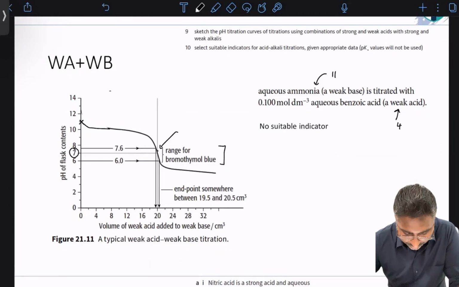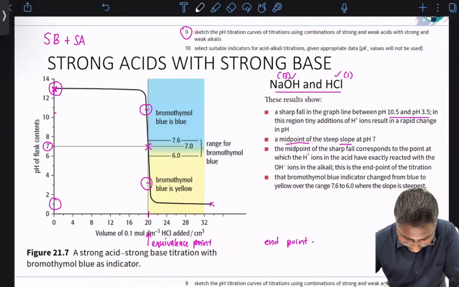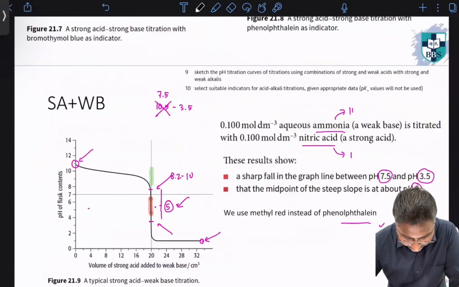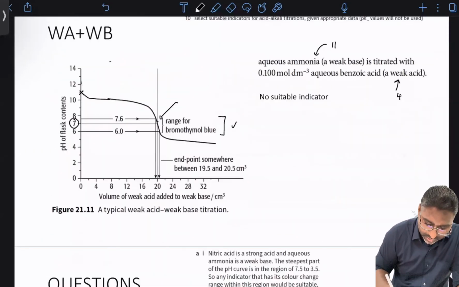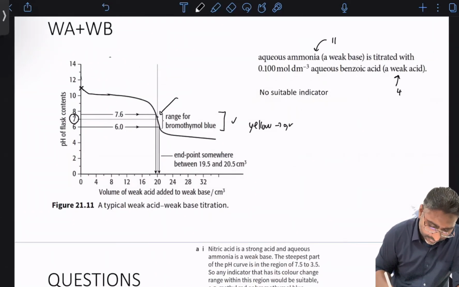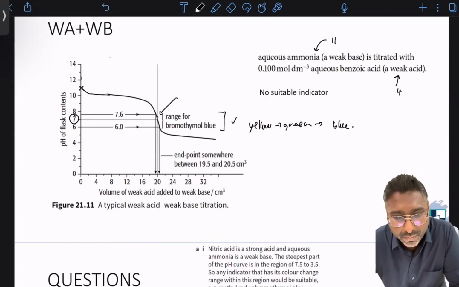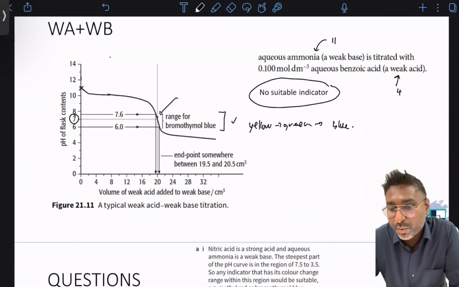Bromothymol blue changes color from yellow to blue. If it takes time and doesn't change suddenly, yellow slowly changes into green, then slowly into blue. We won't know when to stop. Therefore, it's not a very suitable indicator, even though the best is bromothymol blue.